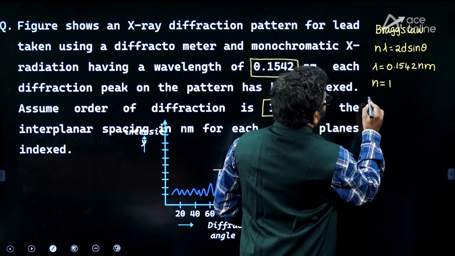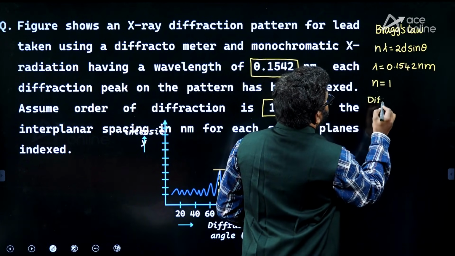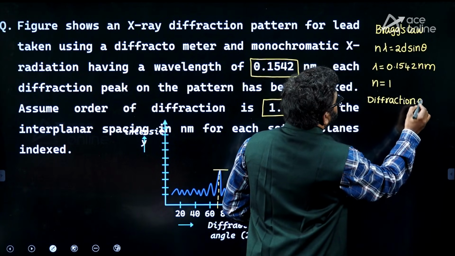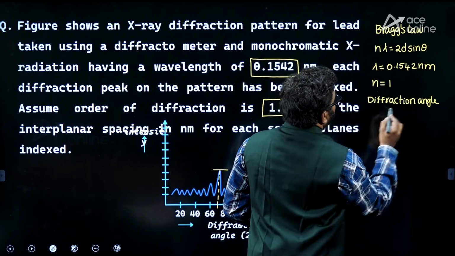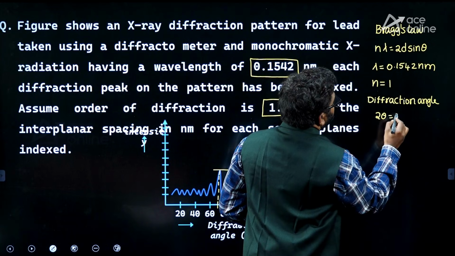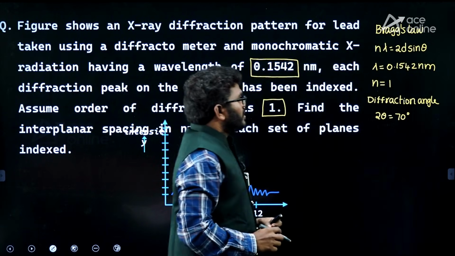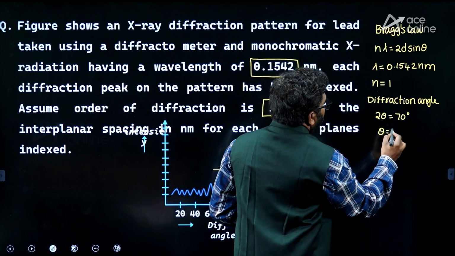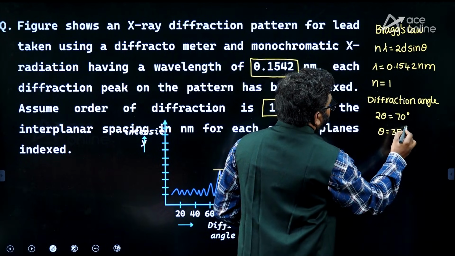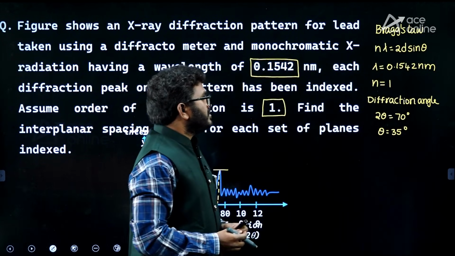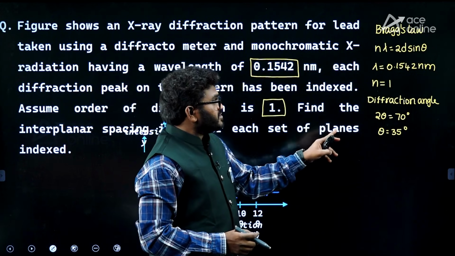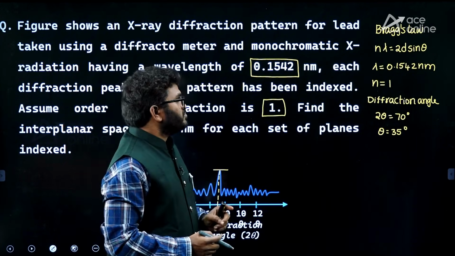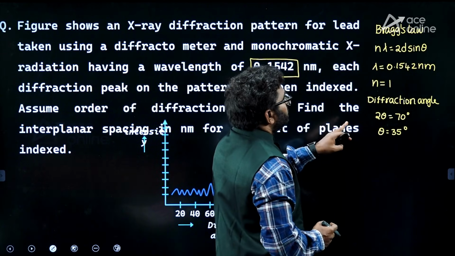So here diffraction angle 2 theta is 70 degrees. Then if 2 theta is 70 degrees, theta is 35 degrees. Bragg's angle represents theta and diffraction angle represents 2 theta, so don't confuse. Now I am going to substitute in this equation.